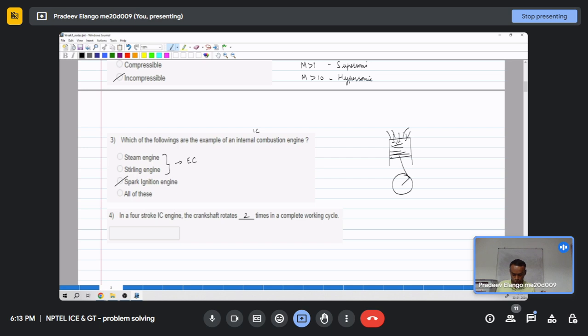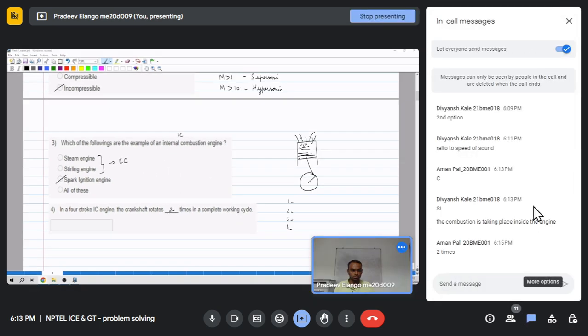So what are the 4 strokes? First stroke, second, third, fourth. You can also unmute if you feel typing is taking time.